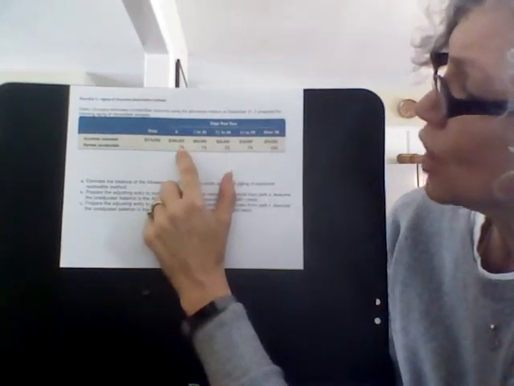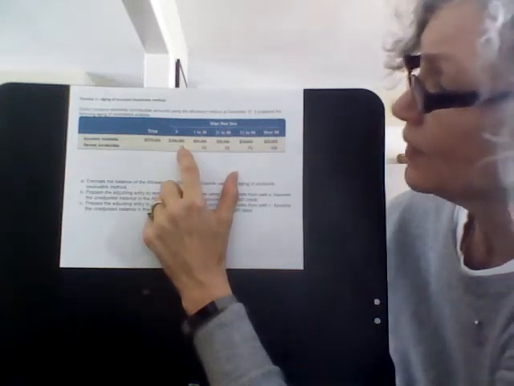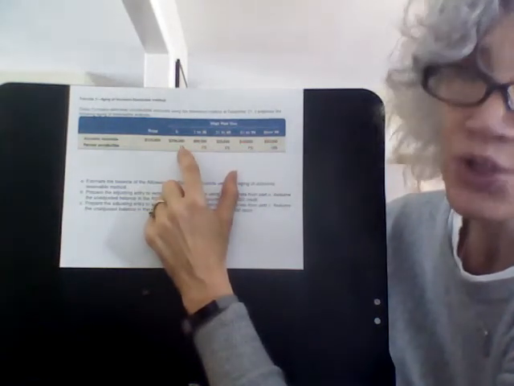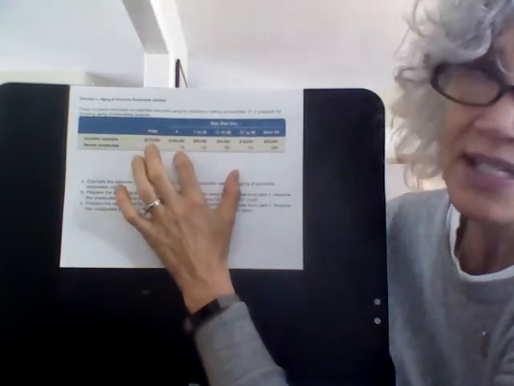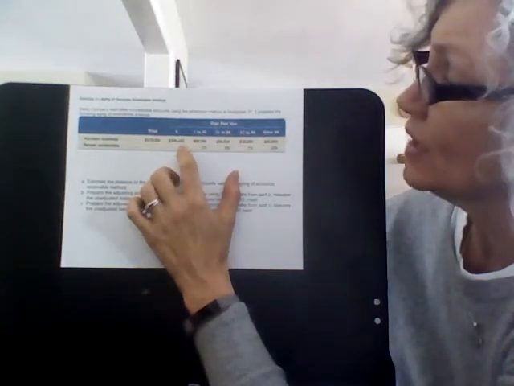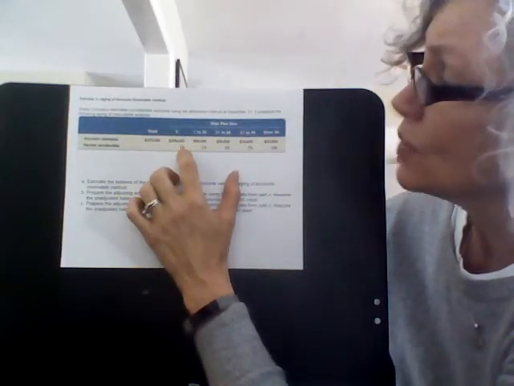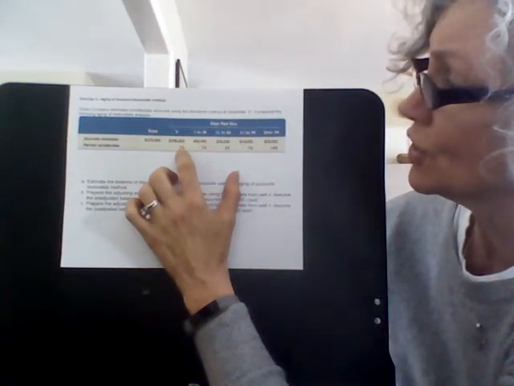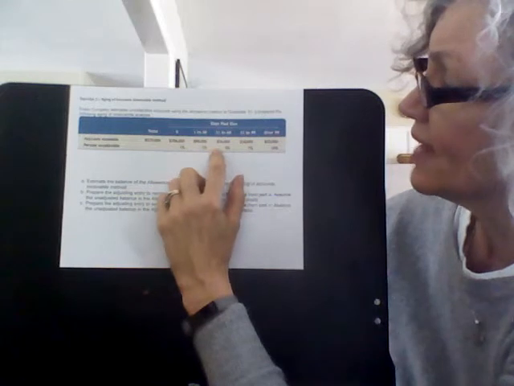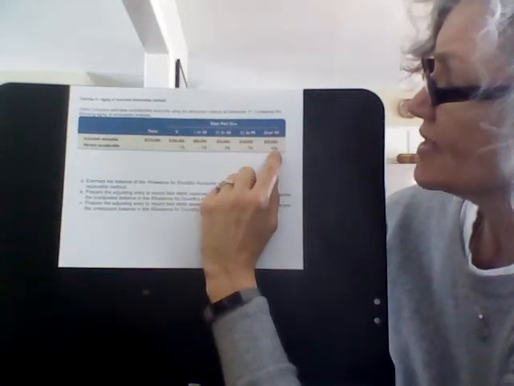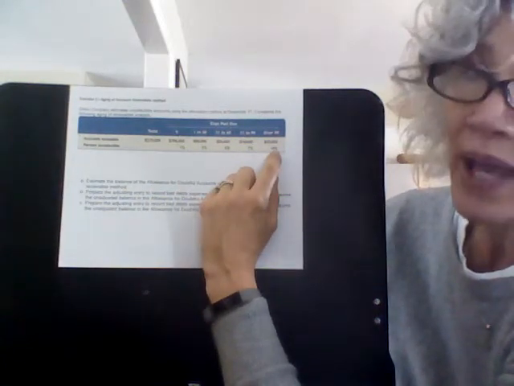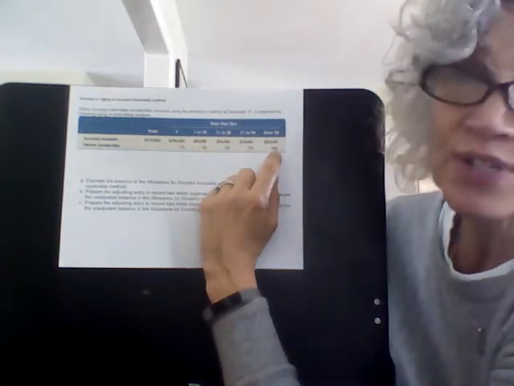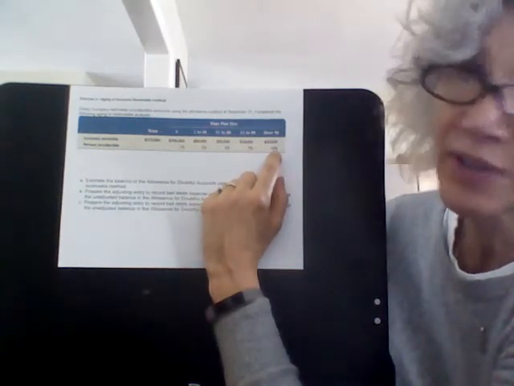And then you will notice that the company has used their historical experience, and they've said, well, we know that almost everybody will pay us out of the group that's not overdue. And you can see that as they get older, it's more likely that people won't pay. So by the time somebody is over 90 days old, there's a 10% chance that they will never pay their bill.